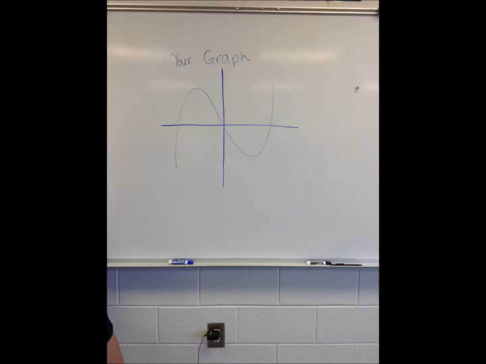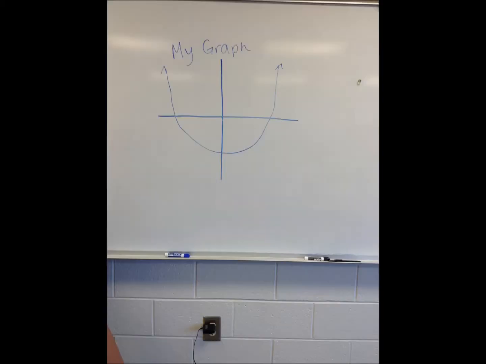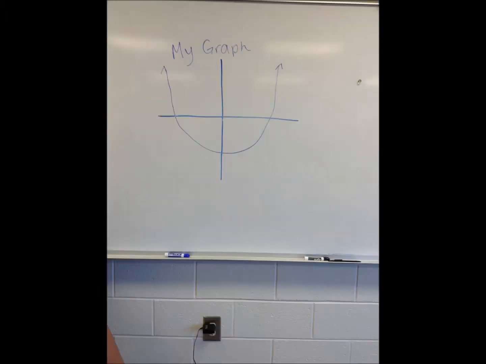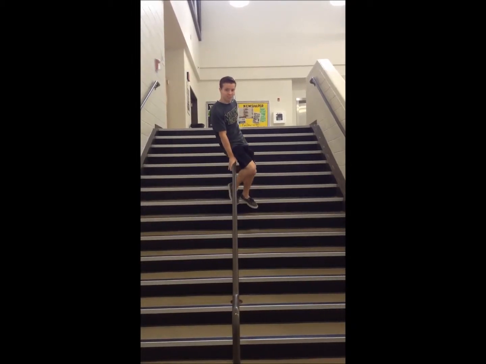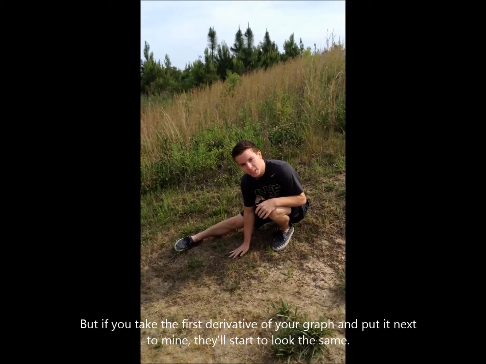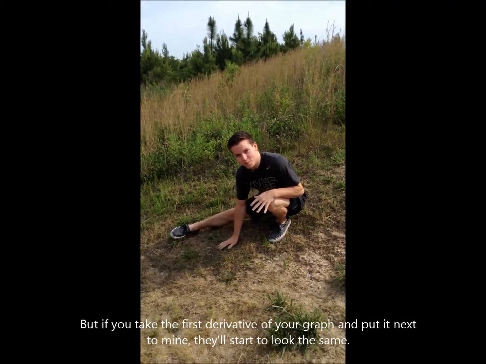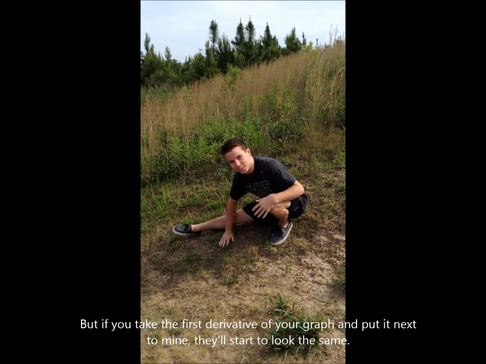Hello, ladies. Look at your graph. Now back at mine. Now back at your graph. Now back at mine. Sadly, they're not the same. But if you take the first derivative of your graph, put it next to mine, they'll start to look the same.